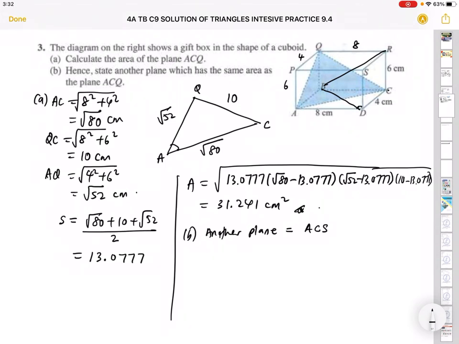And lastly, I join DR together, because DR and AQ are equal in length, right? So this answer is also applicable. So I just write this as BDR.